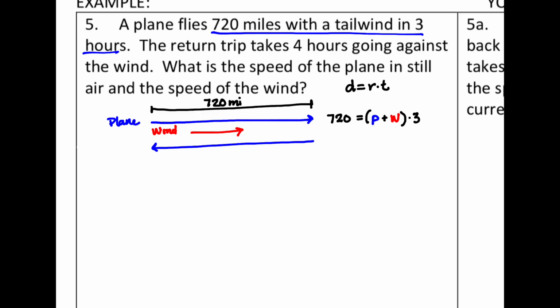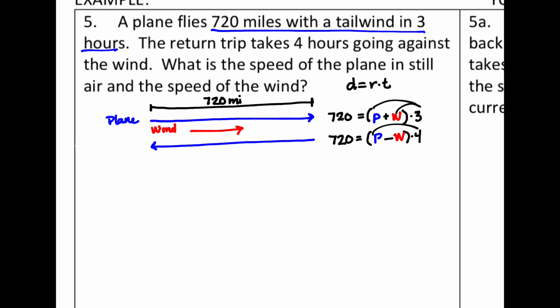Okay, the return trip, same mileage, 720 miles, but this time it took 4 hours and the wind is blowing this way and the plane is going this way. So we're going to slow down, right? So we have the plane minus the wind. Those are our two equations. Okay, so now we're going to distribute here and here.